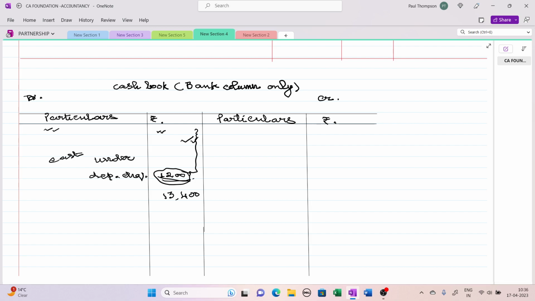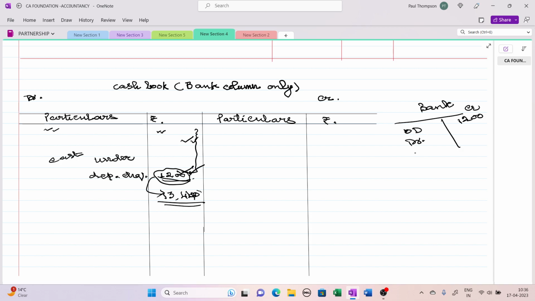Otherwise my overdraft would have come down by this 1,200. In my cash book, I have not taken this amount. But the bank, when the check had gone into bank, will credit me for 1,200. As per bank, overdraft is a debit balance.